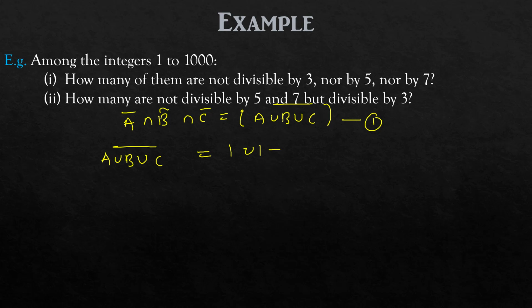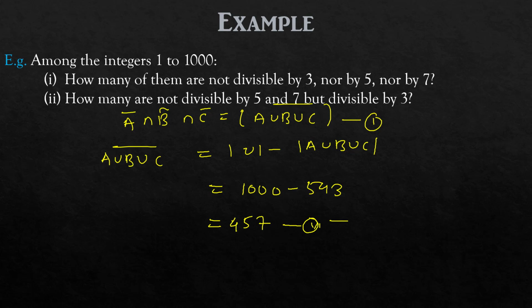Number of U minus number of A union B union C. Now put this value. What is U? U is equal to 1000 and we get A union B union C is equal to 543. After calculation we get the value 457. This is equation number 6.